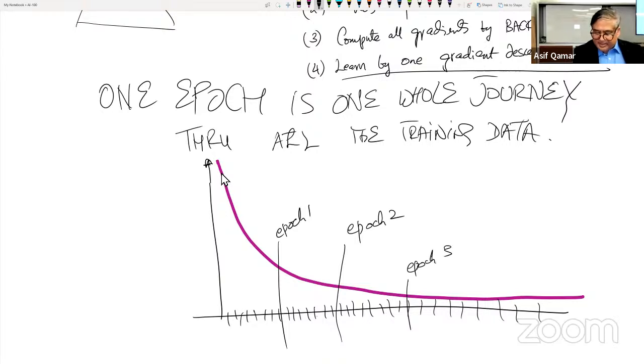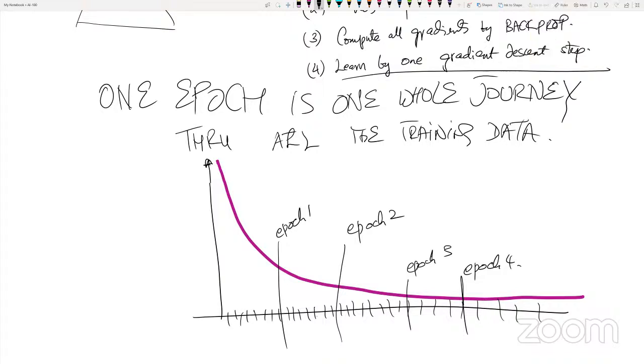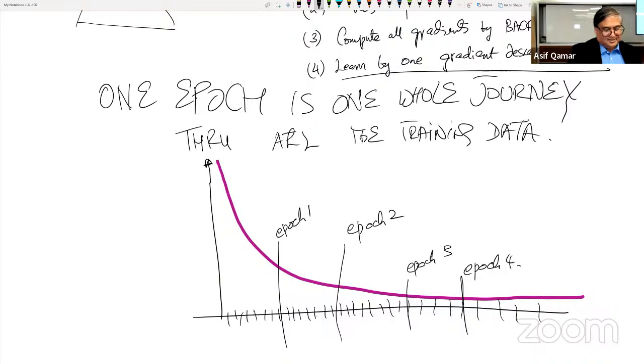At some point, you would agree that, okay, by epoch 4, you're done. There's no more learning to be done. Would you agree? So that is when you say, okay, now I stop. Make sense? Each epoch is the entire heap of data, randomized and visited once, with mini batches.